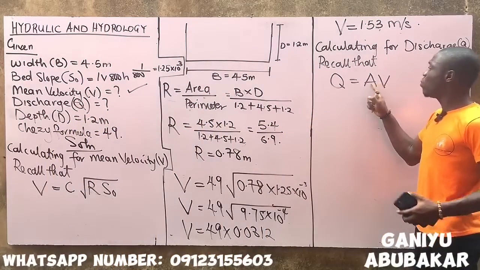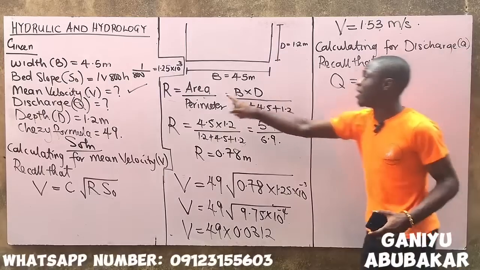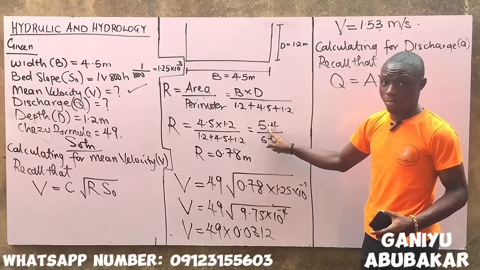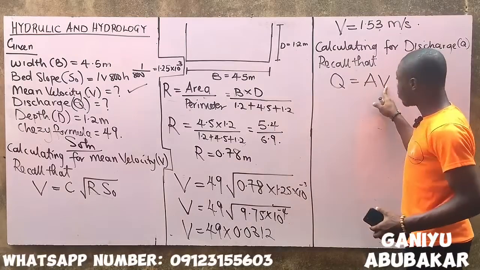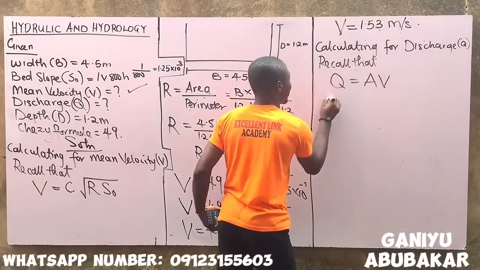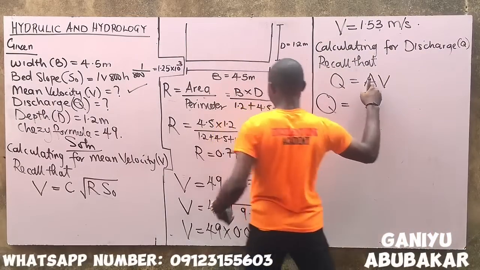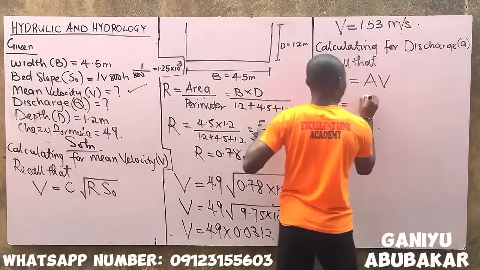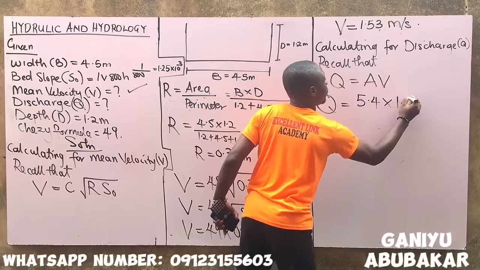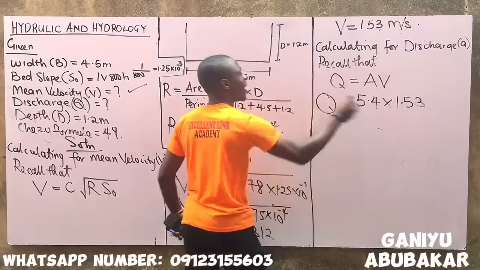Check. Do we know area? Of course, yes. What's our area here? Observe this area, which is 5.4. Next up, velocity is this one here. So you can look for the discharge in this case now. Discharge Q is equal to area, which is 5.4, multiplied by velocity, which is 1.53. Multiply the two.